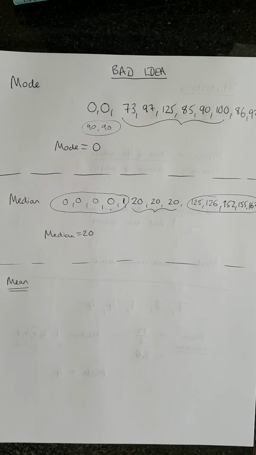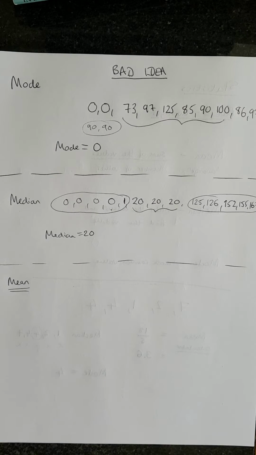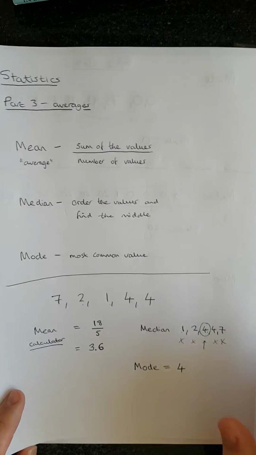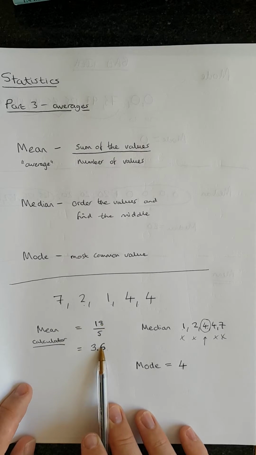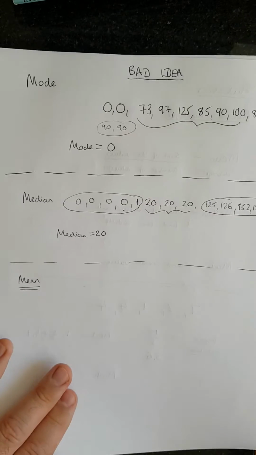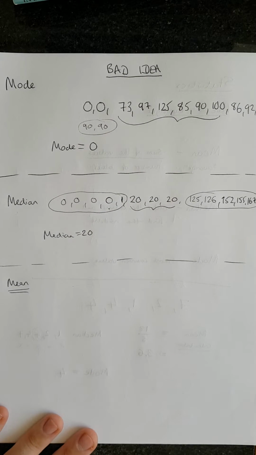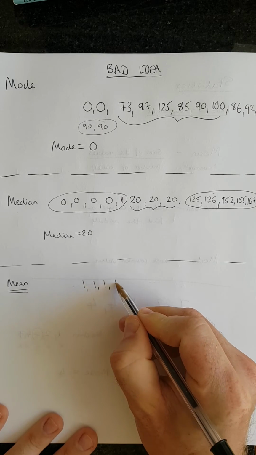So, I'm going to add a set of numbers up and divide it by how many I've got. Well, if the numbers are quite similar, the mean will come out in the middle. So, can we create a set of data where the mean is not like a lot of the numbers?